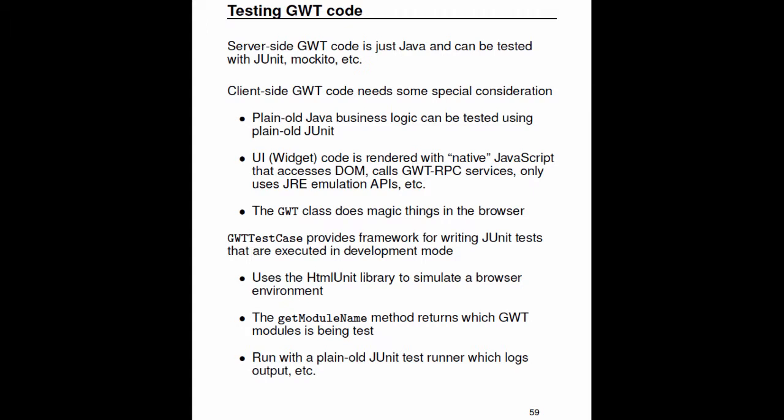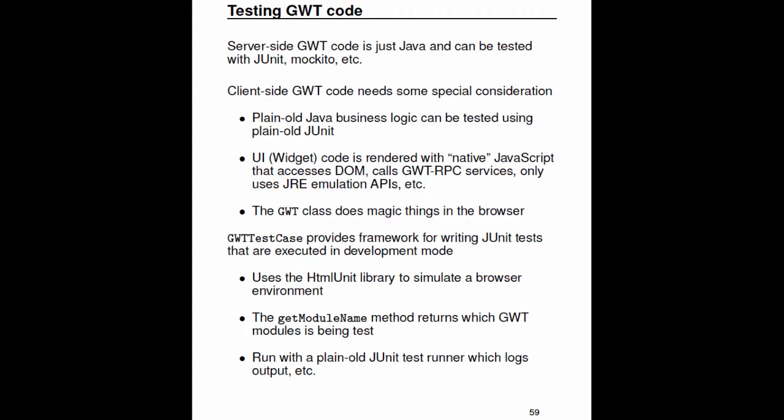When you create your GWTTestCase, you need to override getModuleName to tell the GWT test case framework what module you're running, and so then it'll go off and find the module XML and everything like that. But the nice thing about this is that this is a JUnit test case, and so you can run it with the JUnit test runner, and so it fits in very nicely if you're using JUnit.